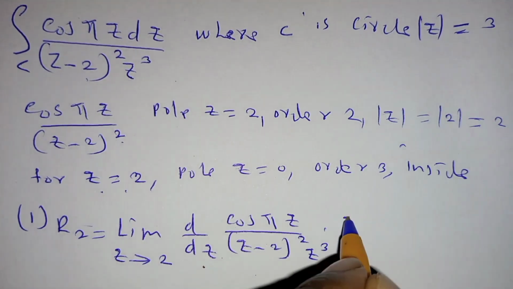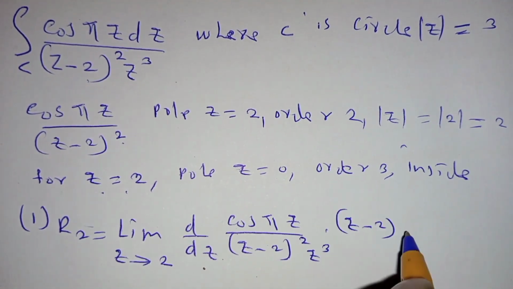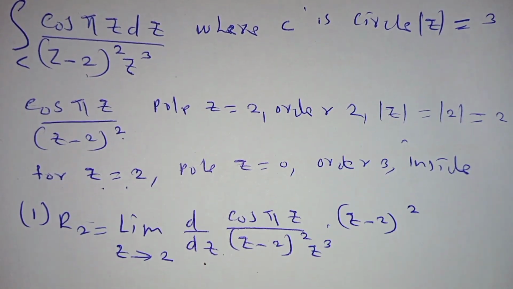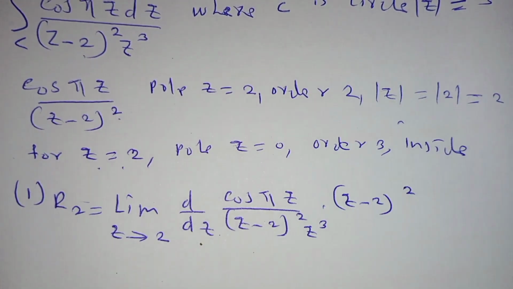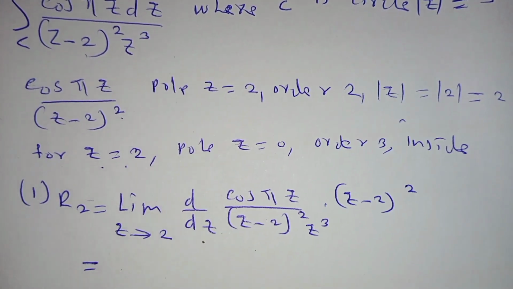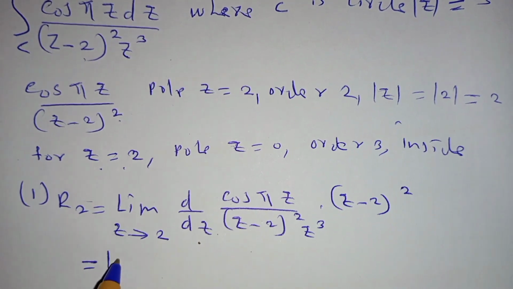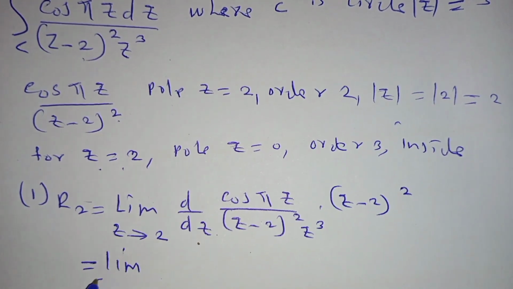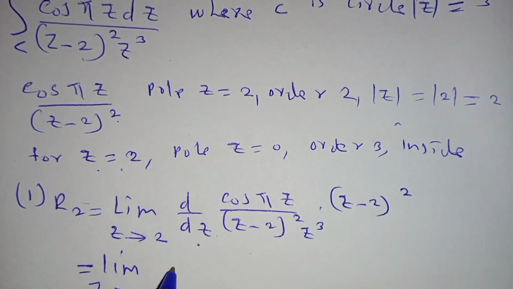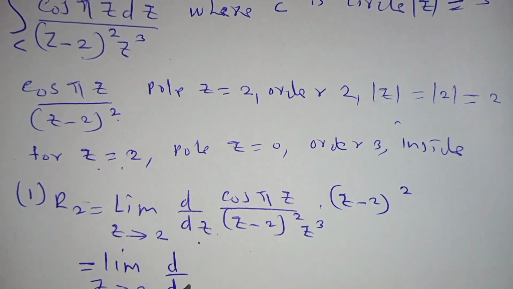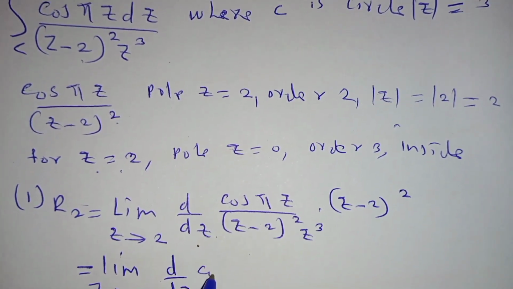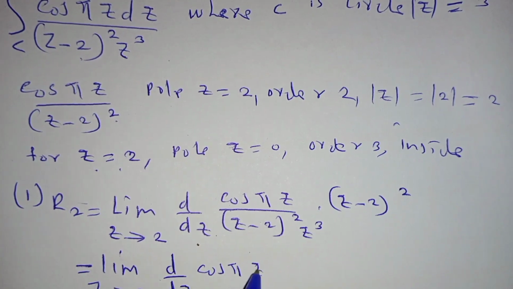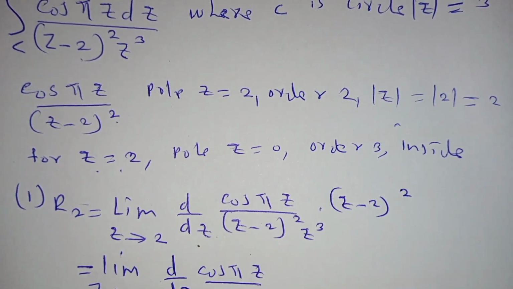We multiply by z minus 2 squared, which is equal to the limit as z tends to 2 of the first derivative of cos of pi z over z cubed.